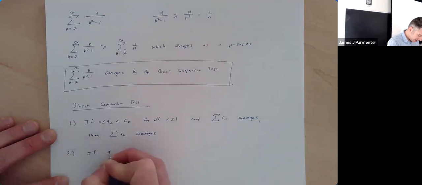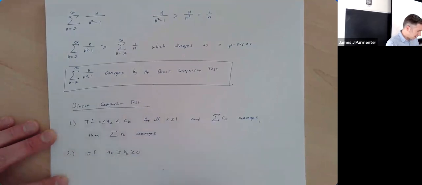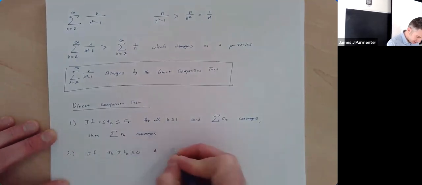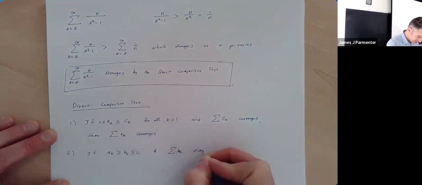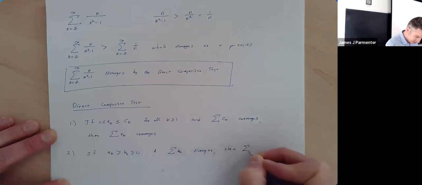Similarly, if A sub k is bigger than or equal to B sub k, which is also always positive or non-negative, and the sum of B sub k diverges, then the sum of A sub k also diverges.